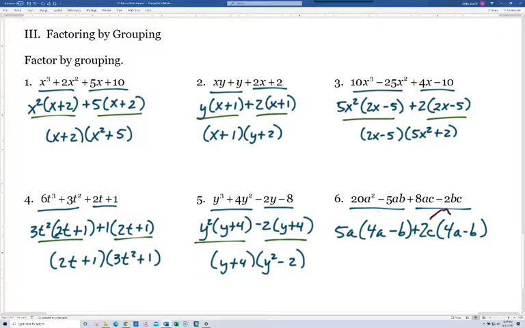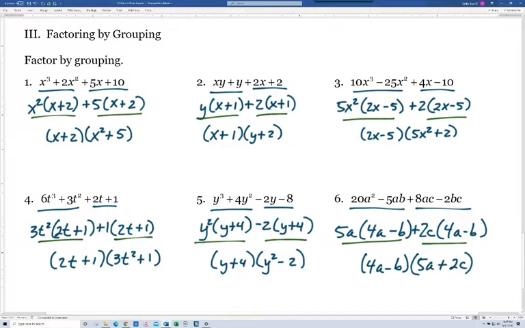Notice 2c times 4a gives me the 8ac, and 2c times a minus b gives me the minus 2bc. And so we're going to get a common factor of 4a minus b times 5a plus 2c.